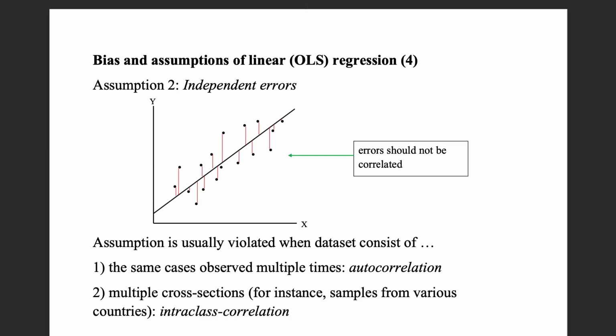Another one that you will see a lot is a situation where you have multiple cross-sections. So for instance, samples from various countries. As a matter of fact, the European Social Survey that we are working with for the assignments, well, we only use data for the Netherlands in the assignments, but there is data for lots of other European countries as well, included in the European Social Survey.